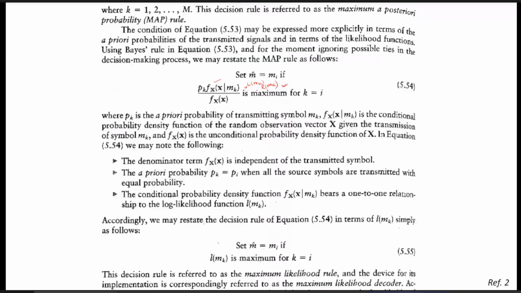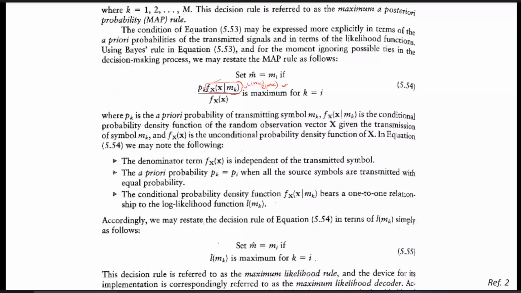So we can maximize the likelihood function, or we can maximize the log likelihood function. The meaning remains the same. Hence, the receiver can set mk equals to mi, that is, it can decide that mi has been transmitted if the log likelihood function is maximum for k equals to i.